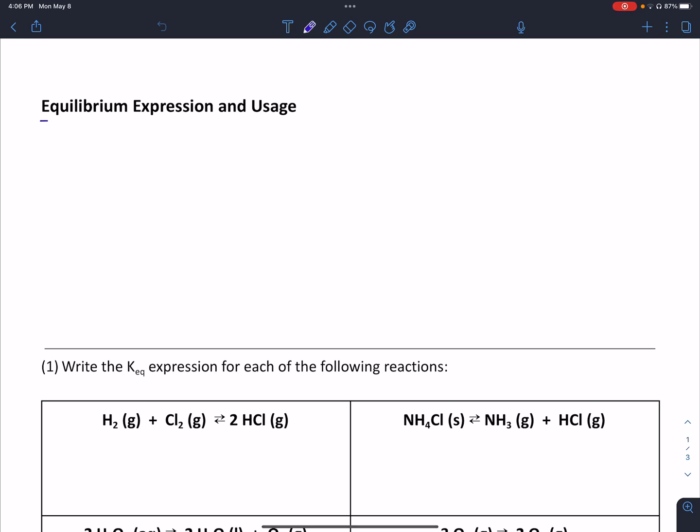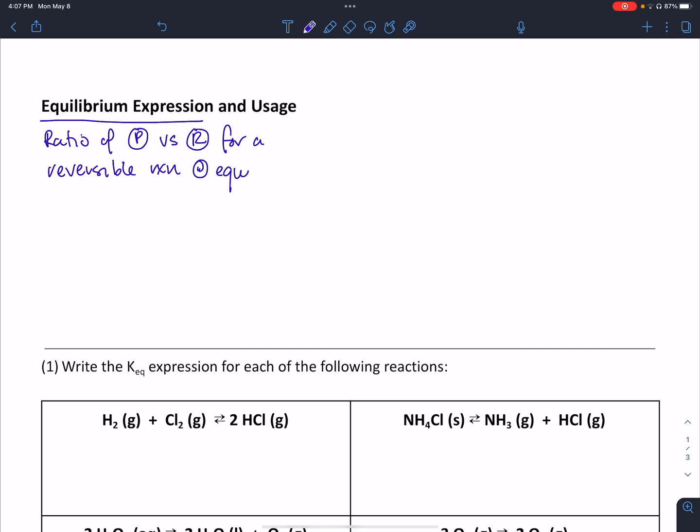All right, so the equilibrium expression is a ratio of products versus reactants for a reversible reaction at equilibrium.